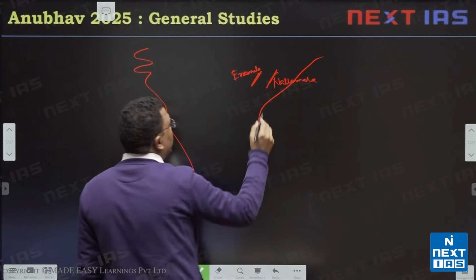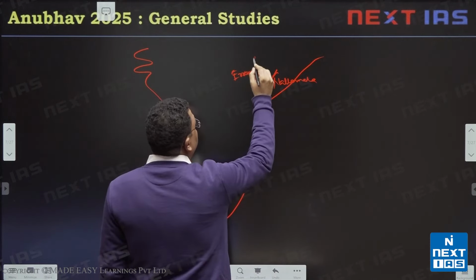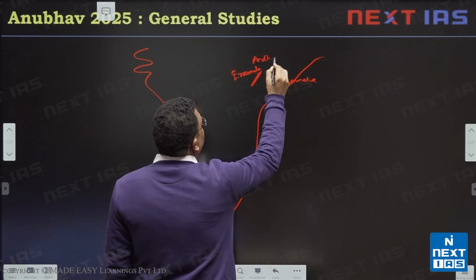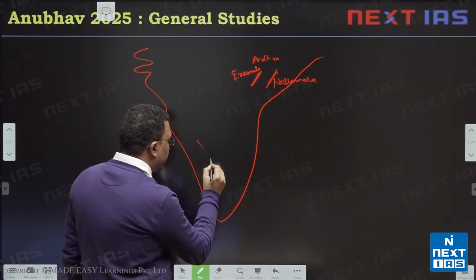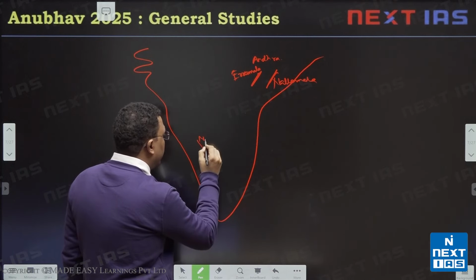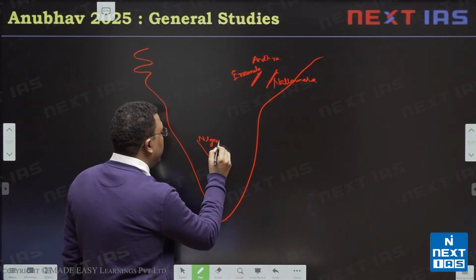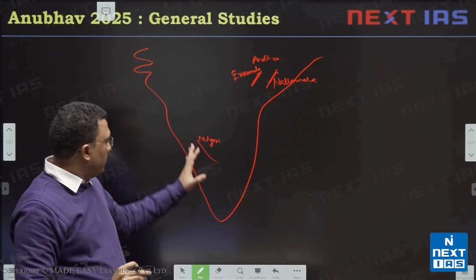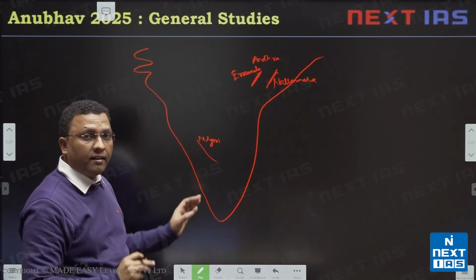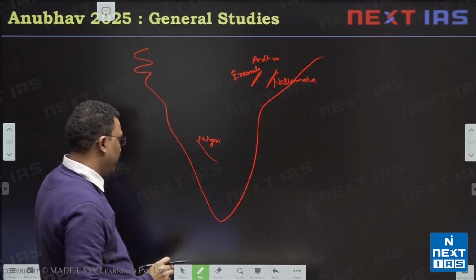Both of these are located in Andhra Pradesh, right? Then Nilgiris is located somewhere here, the Nilgiri hills. It basically spreads around the border areas of Karnataka, Kerala and Tamil Nadu, right?